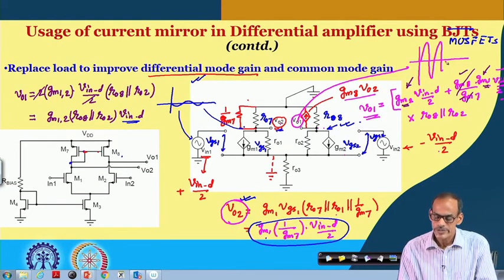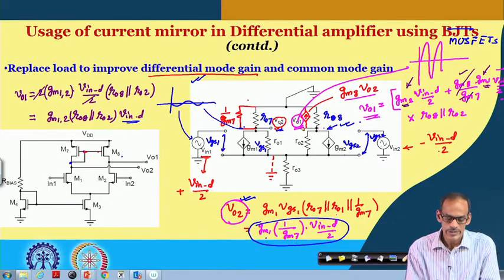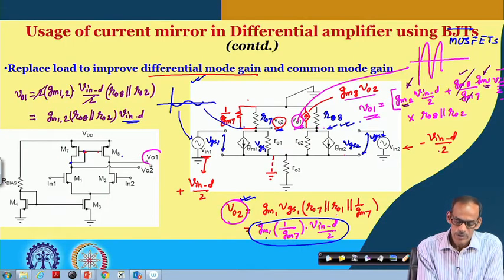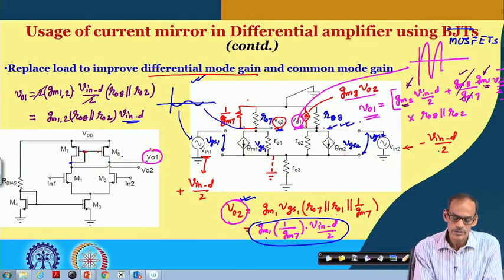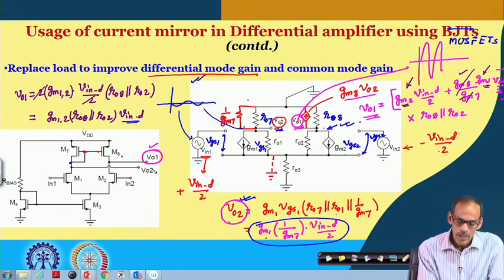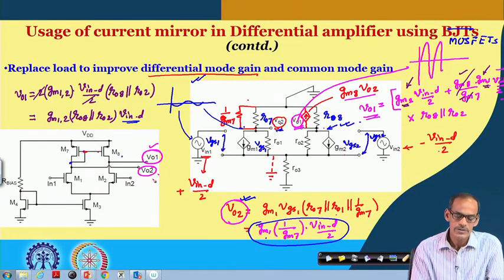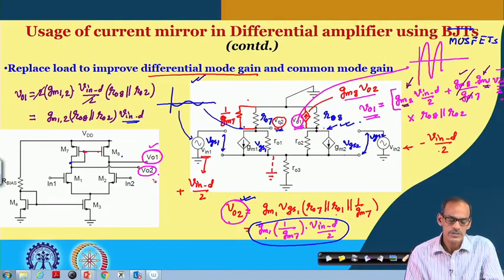So, we may simply consider this node as the primary output, and then we may say that this circuit is having, from this point onwards, the quote and unquote entire signal, and this port or this node is having hardly any signal, or rather its amplitude is in the same order of magnitude as the primary input.